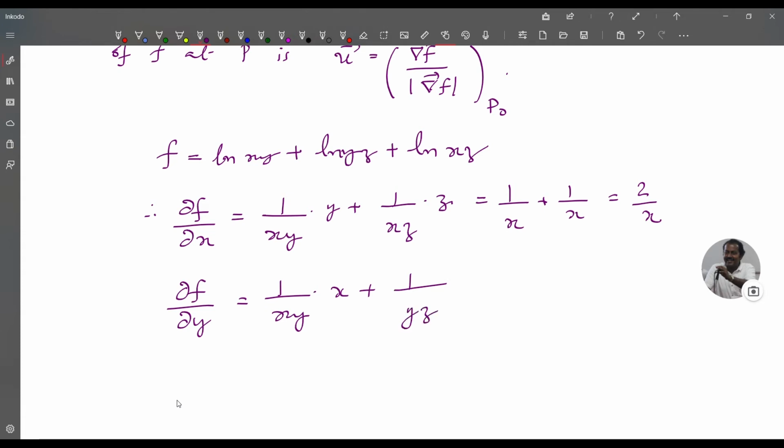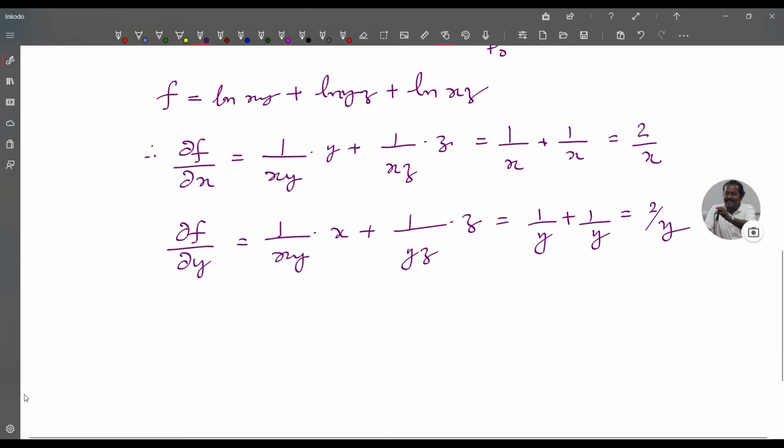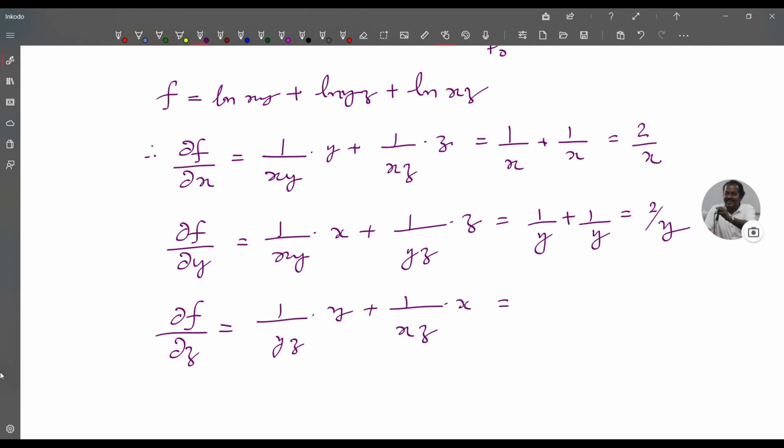So this is 1 by y plus 1 by y, so that is 2 by y. And dou f by dou z is 1 by yz into y plus 1 by xz into x. So this is 1 by z plus 1 by z, so that is equal to 2 by z.